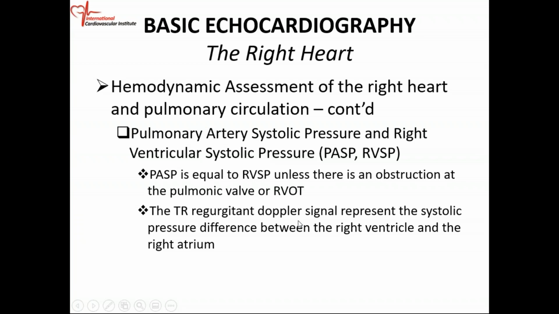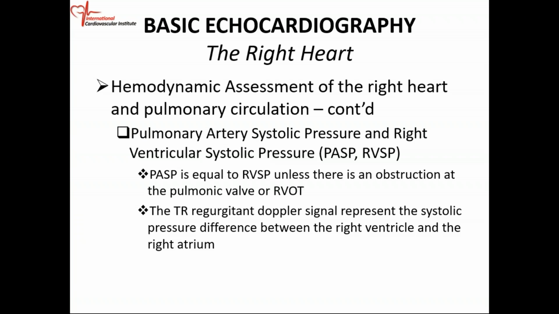The TR regurgitant Doppler signal represents the systolic pressure difference between the right ventricle and the right atrium. We went over this when we did hemodynamics. You're only going to get flow from one direction to another if there is a pressure difference, if there is a gradient. So tricuspid regurgitation occurs in systole. Blood is going to flow from the right ventricle across the tricuspid valve into the right atrium.